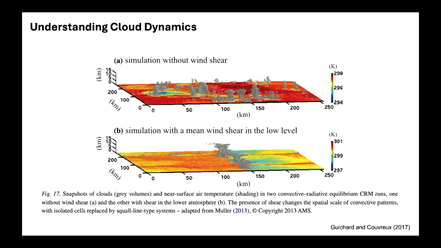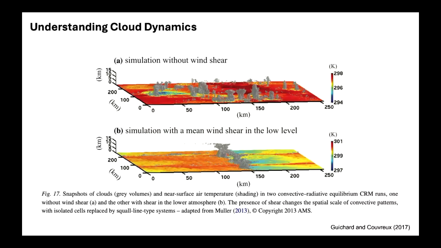And here what we see is a snapshot of a cloud, which is represented by the gray volume, and the near surface air temperature in color shading. What they found is that when we don't have the wind shear, you could see isolated convective clouds developing in the model, but scattered across the model domain in the top.